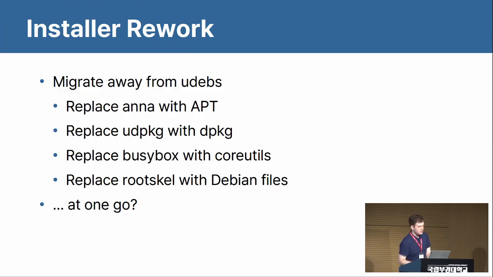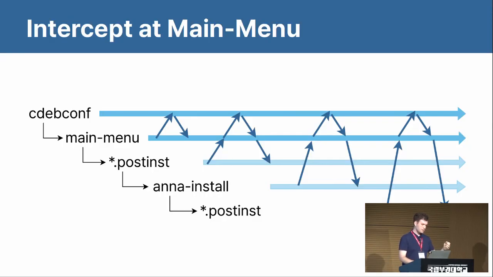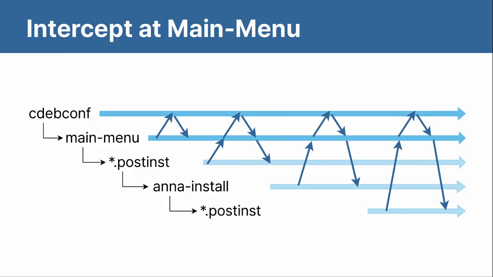Another idea that I have with the Debian installer is moving it towards a server-client architecture. Right now, it's a single program, the Debian installer, debconf, main menu. It's a single sequence of things that communicate over text channels. Postinst scripts talk to debconf, which shows menus, things like that.